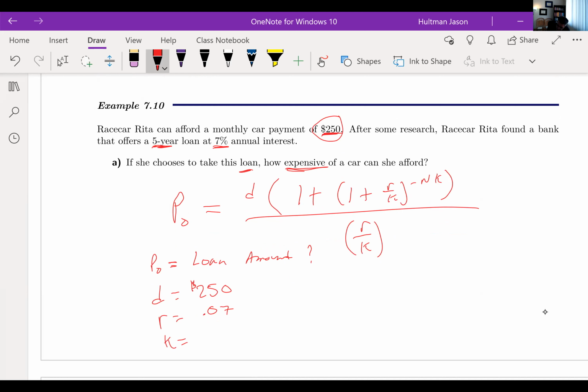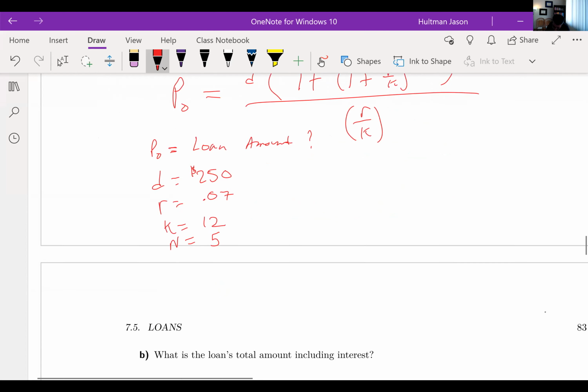If it's a monthly payment, then how many payments are there per year? Yes, very good, 12. And then N is the number of years. How many years? 5, right? Okay, 5. So we're going to put this all together.